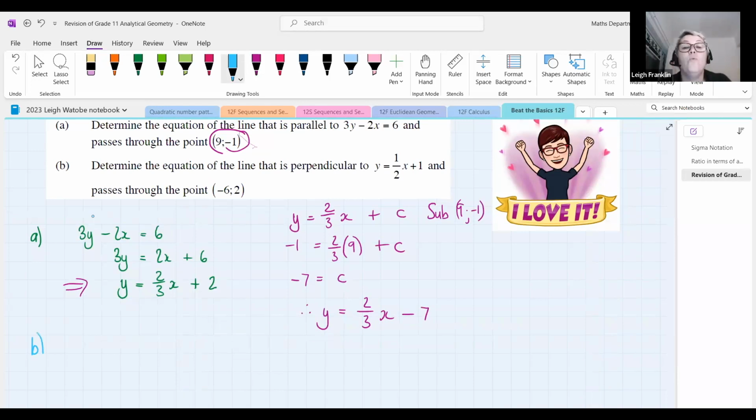So in part B, we have got a line y equals 1 over 2x plus 1. Okay, we want to find the equation of the perpendicular. So how are we going to find the gradient of the perpendicular from what we've been given?